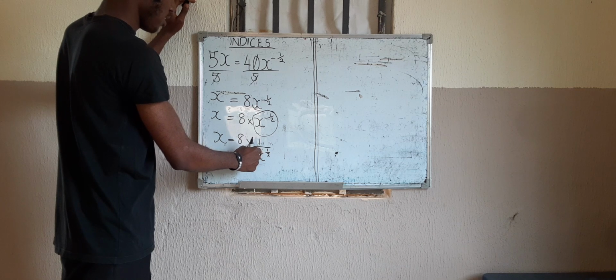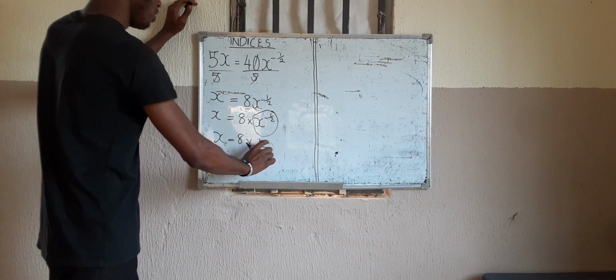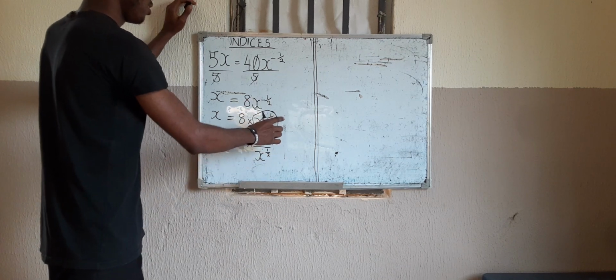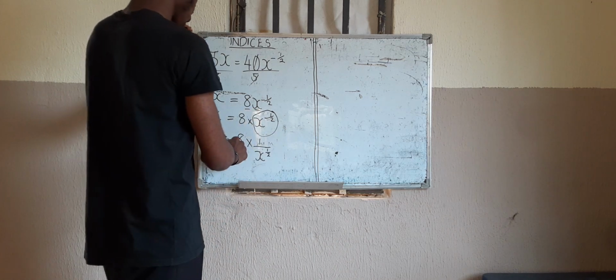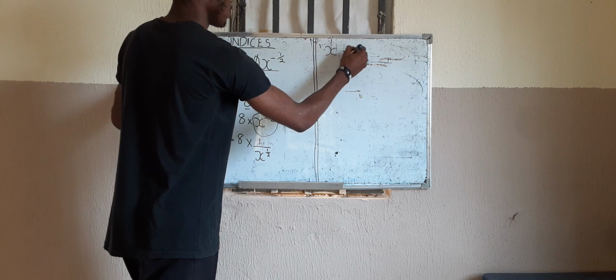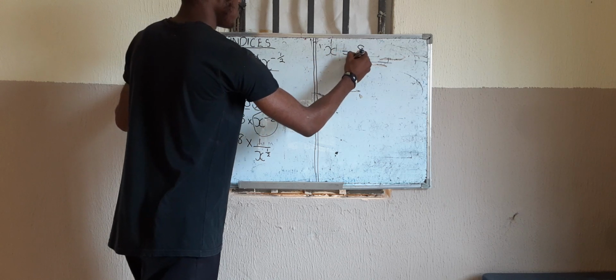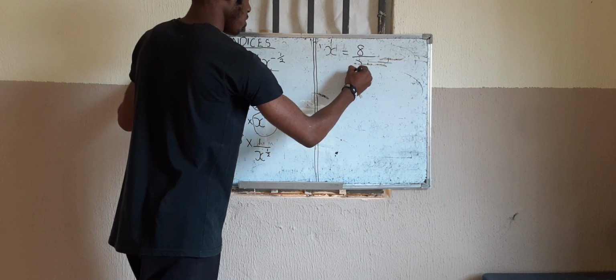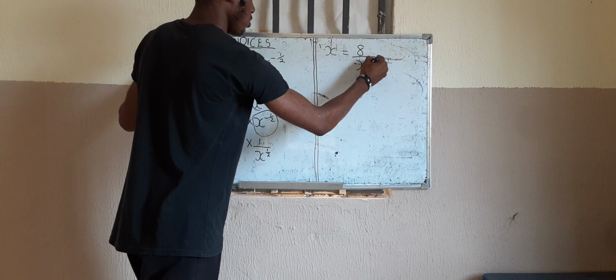You are now left with x raised to the power 1 over 2. This and this is the same thing. So 8 multiplies 1. We now have 8 over x to the power 1 over 2.